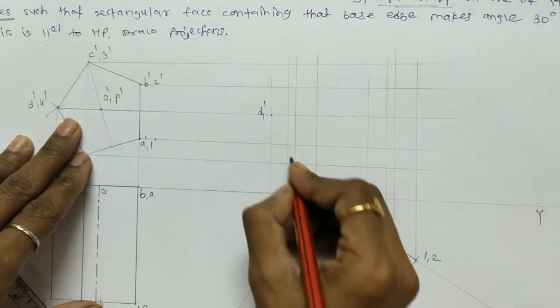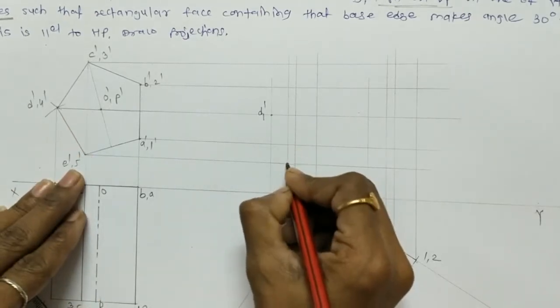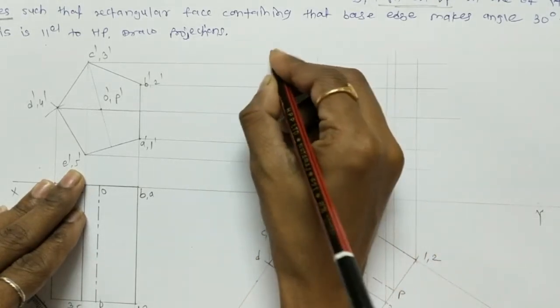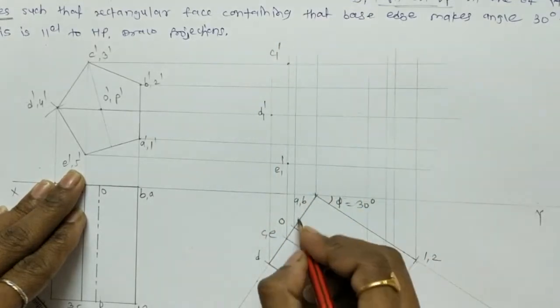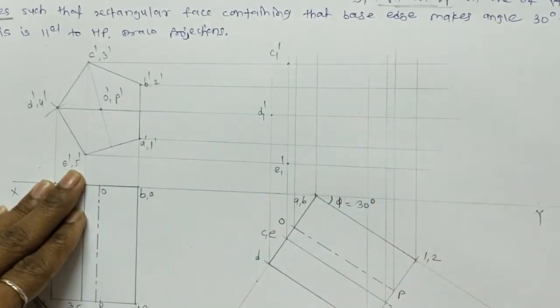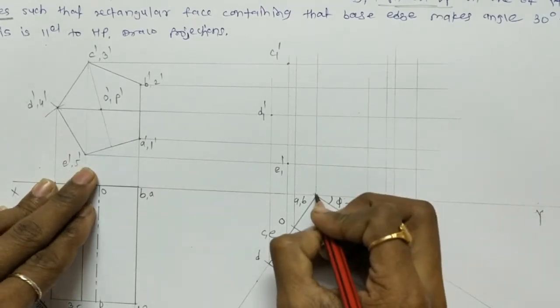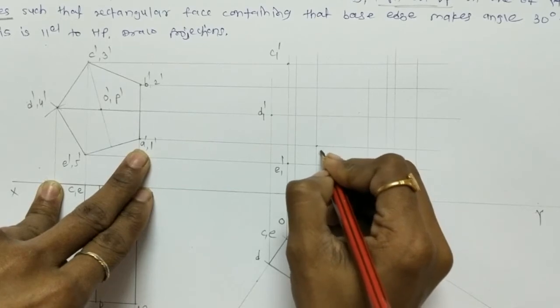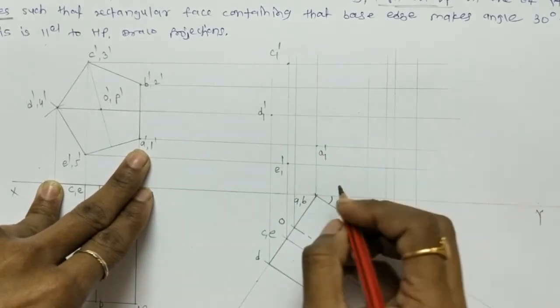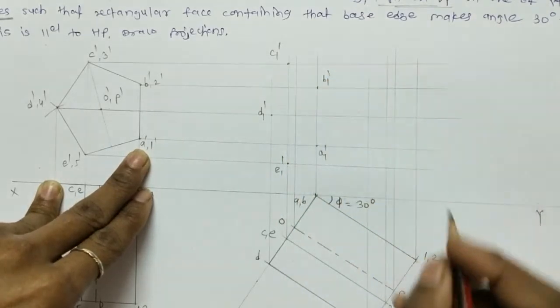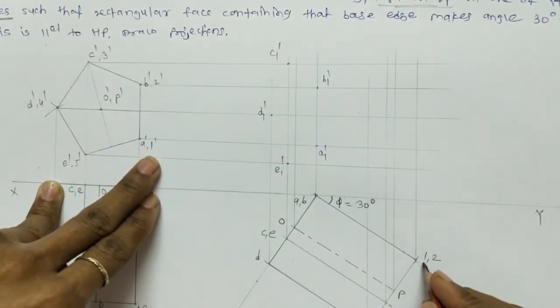Then here shows C, E. So here E, so E1 dash and here C1 dash. Then this is axis, we will give later. Then A, B. So here A dash, A1 dash and here B1 dash.